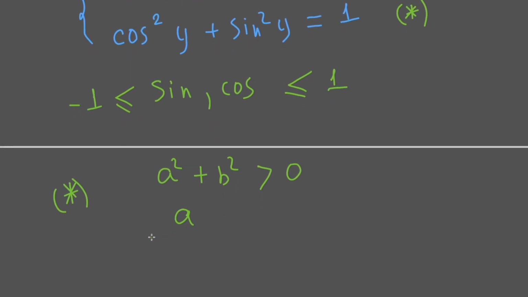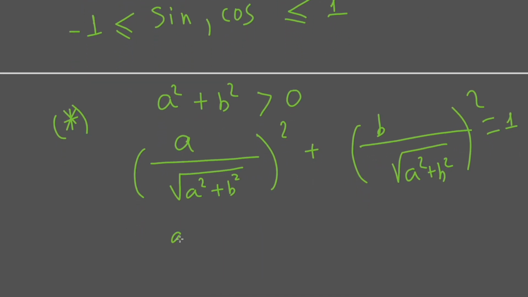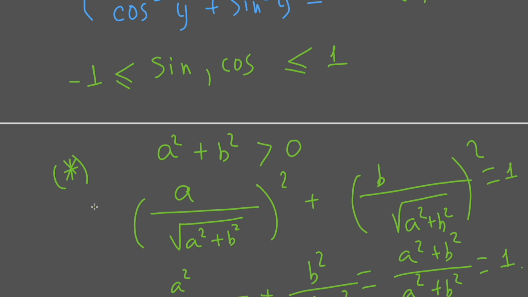So A over square root of A square plus B square, squared, plus B over square root of A square plus B square, squared, will equal 1, because this is A square over A square plus B square plus B square over A square plus B square, equal to A square plus B square over A square plus B square, equal to 1. So that matches the asterisk.